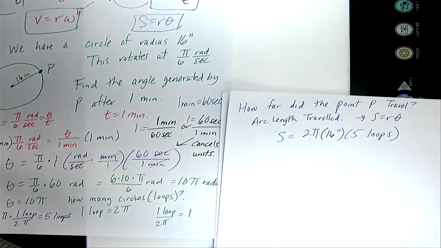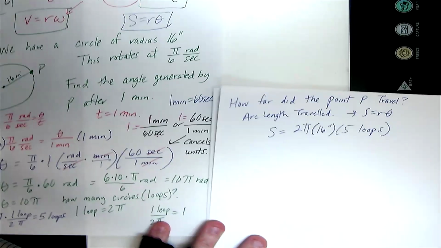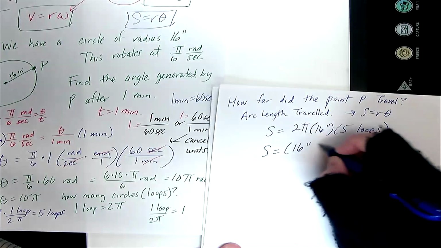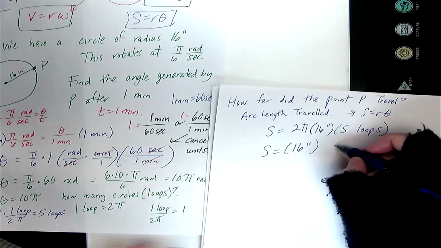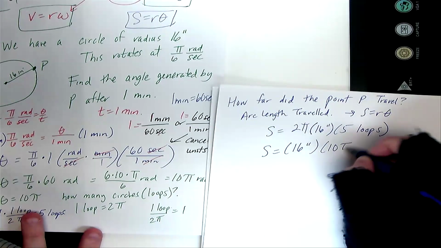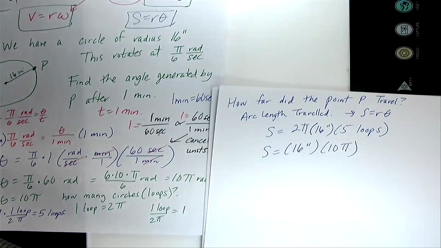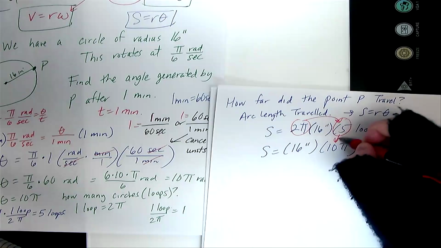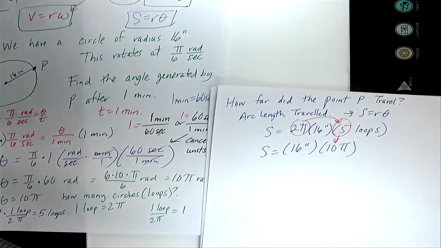Now this is David saying, forget your S equals R theta nonsense. The other way of doing it is we had 16 inches, and theta was 10 pi. 2 pi times 5 gives us the 10 pi, and this is the same result.